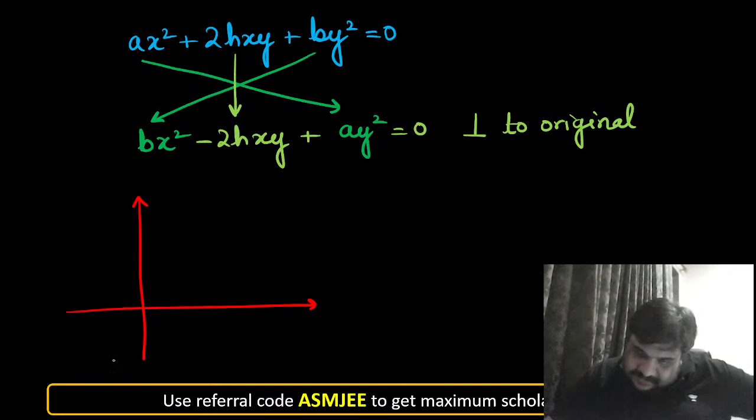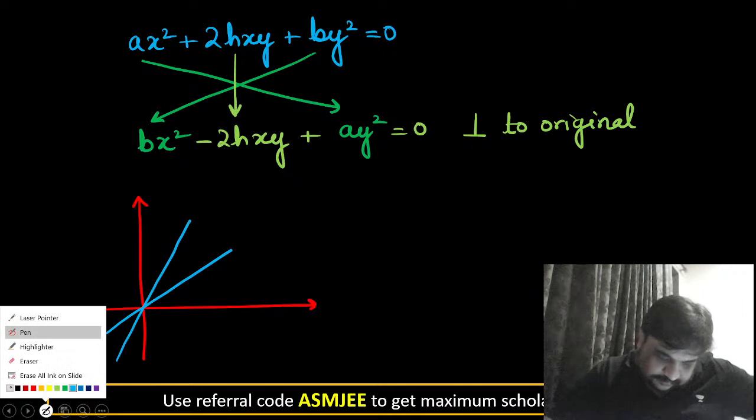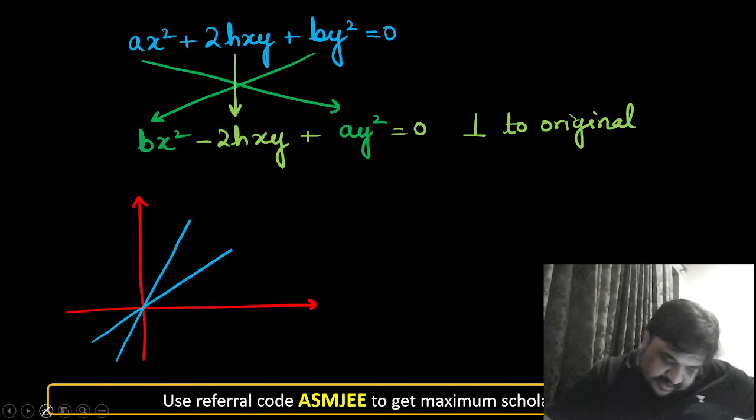Suppose this is your original pair. I'll draw it in blue. This is your original pair, suppose. So this green one will be the new pair.